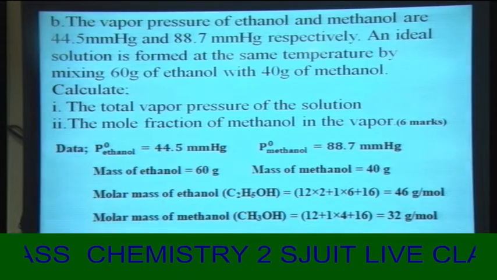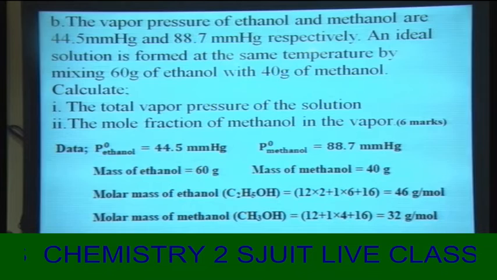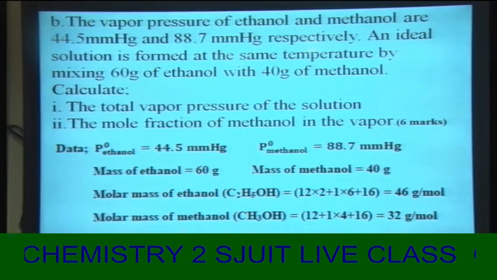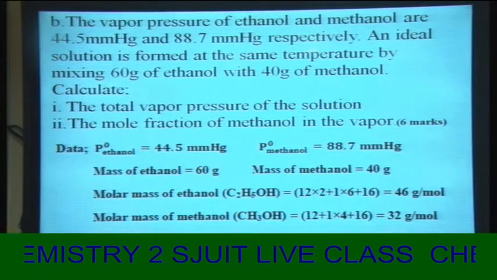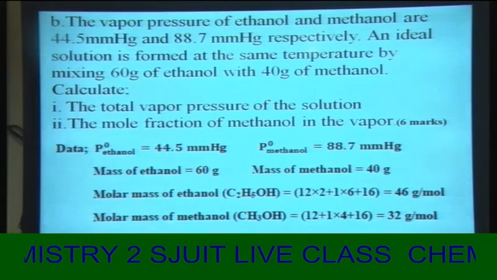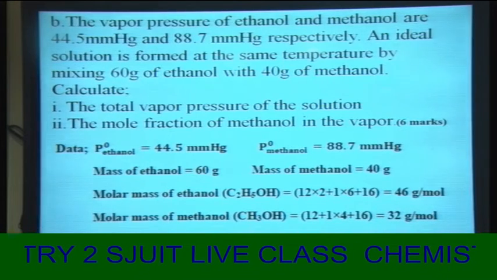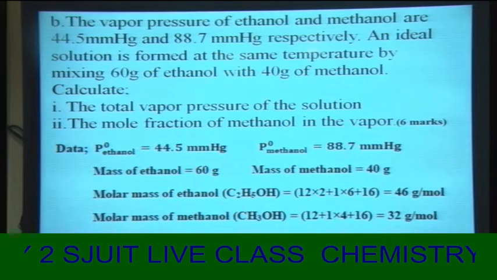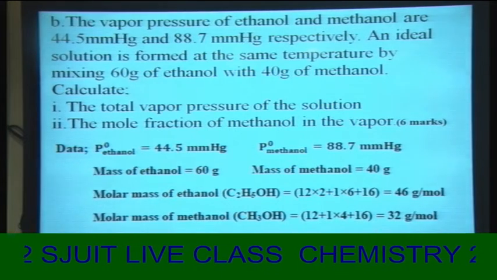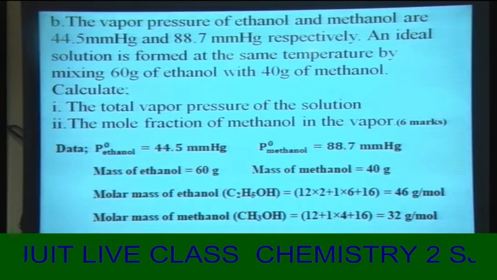An ideal solution is formed at the same temperature by mixing 60 grams of ethanol with 40 grams of methanol. Roman 1, calculate the total vapor pressure of the solution. Roman 2, calculate the mole fraction of methanol in the vapor.